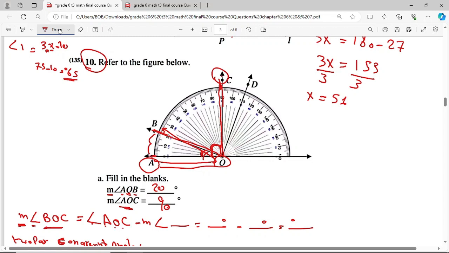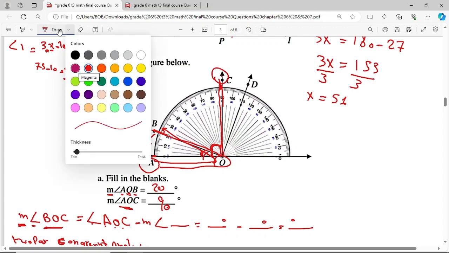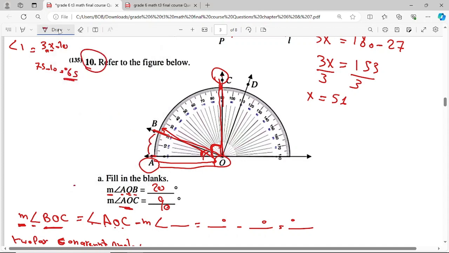Let's change the... So here, let's say, okay, that means BOC equals AOC. That means the angle will be equal to AOC minus AOB.